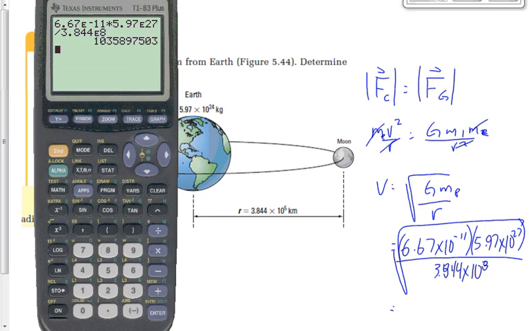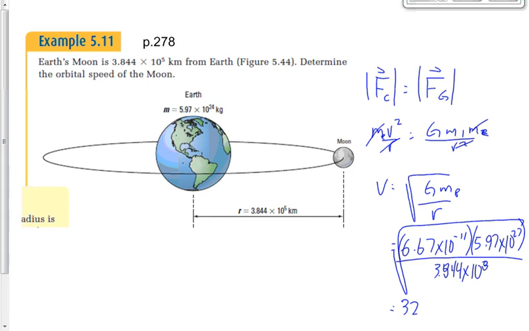Okay, let's square root that. And we get 32,000 meters per second. That was actually 3 digits, so it should be 3.22.